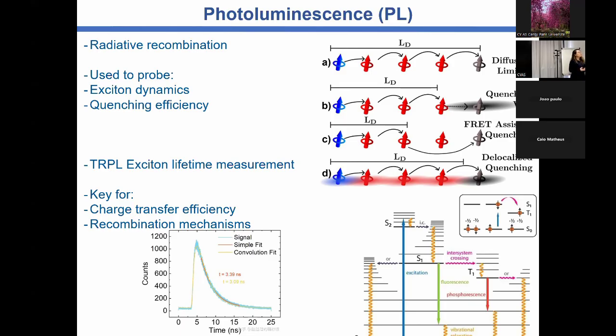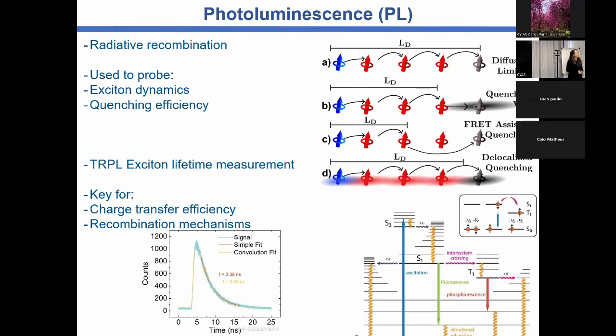But using photoluminescence, you have several things to interpret on your material. So you can investigate, for instance, if changing the morphology can induce different diffusion, changing the morphology can induce energy transfer.